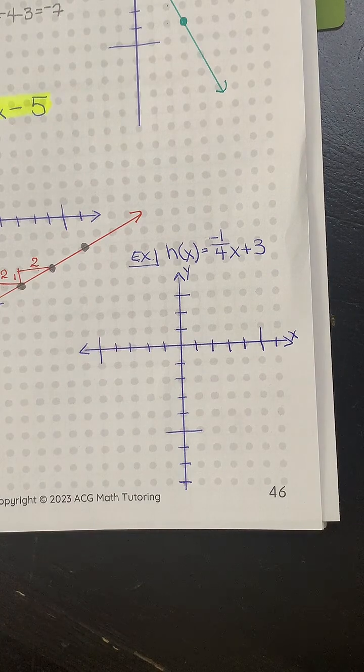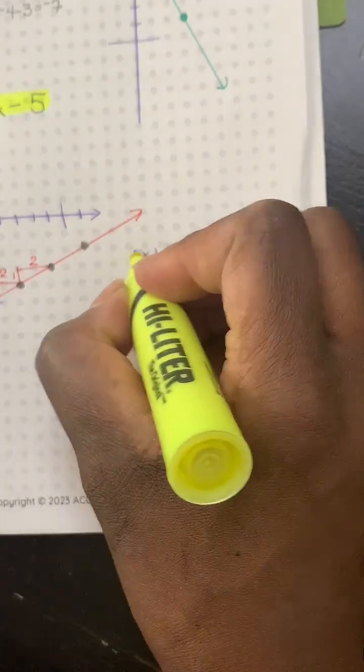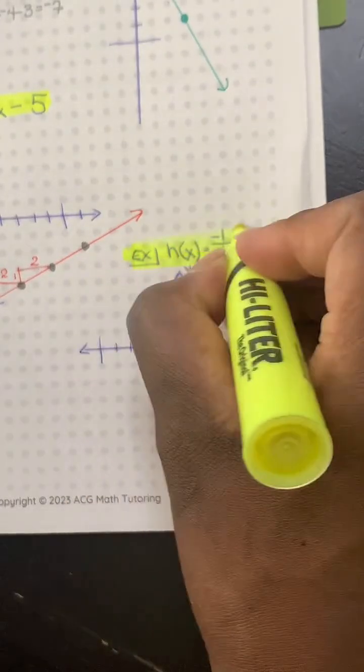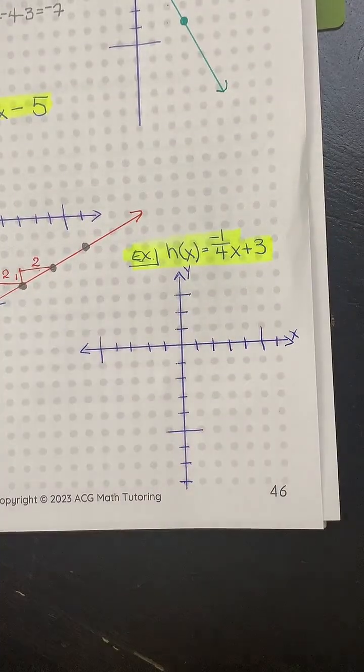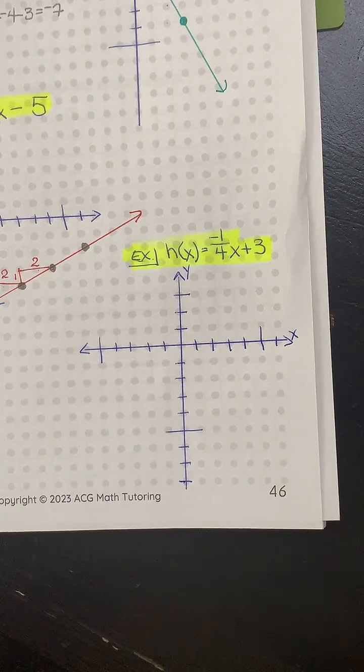Okay, so where would I start looking at an equation? What will be my starting point? And remember, question marks. Okay. So Leanne's saying 3.